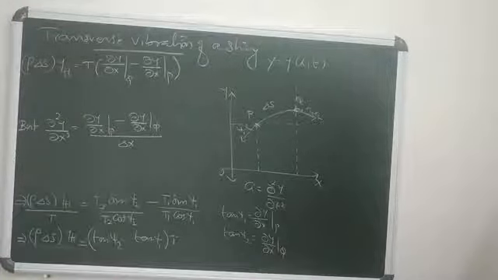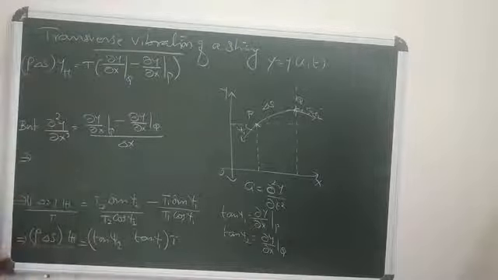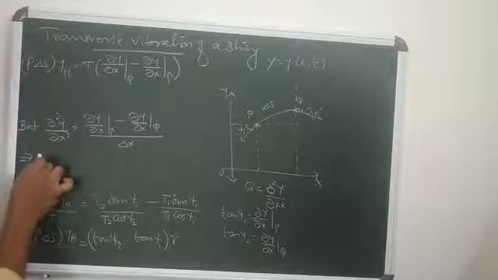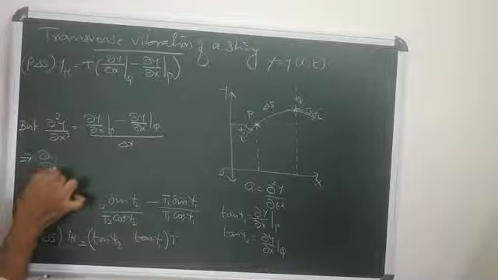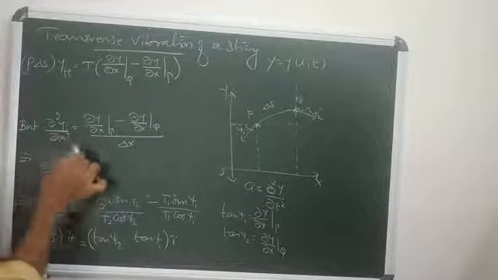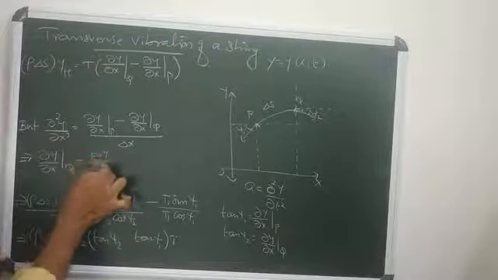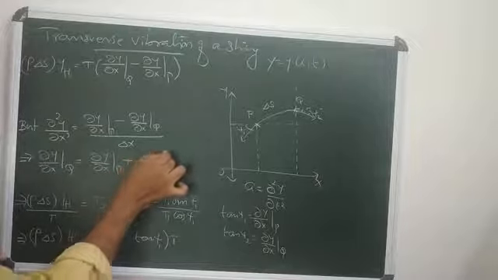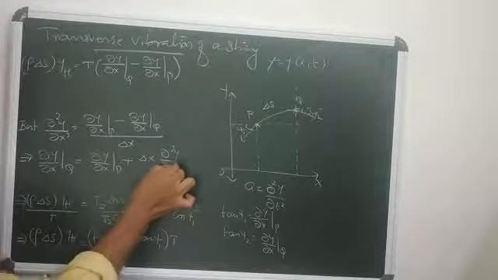So that means from here del y by del x at Q is same as del y by del x at P plus delta x into del square y by del x square.